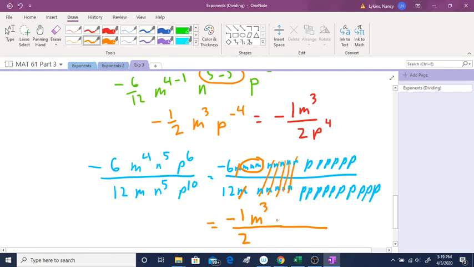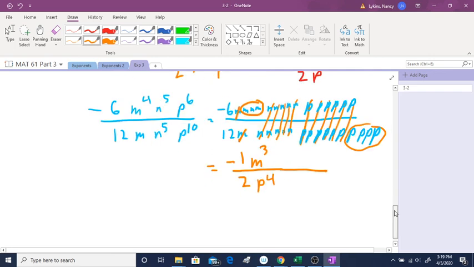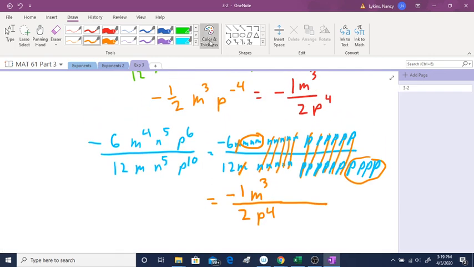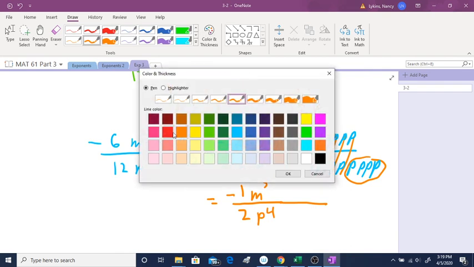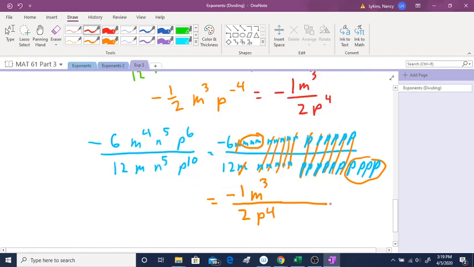I do not need anything for my n. And then my p's: 1 pair, 2 pair, 3 pair, 4 pair, 5 pair, 6 pair. That leaves me with 4 p's. And look at the position. It is on the bottom. So our final answer would be written as negative m to the third over 2p to the fourth.